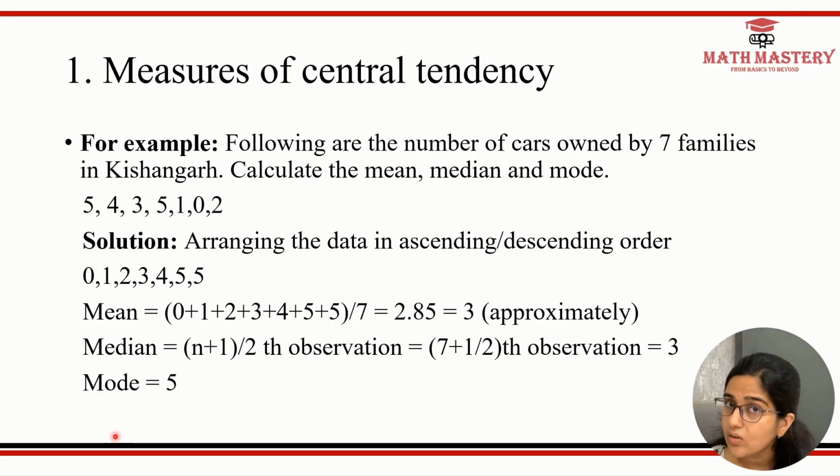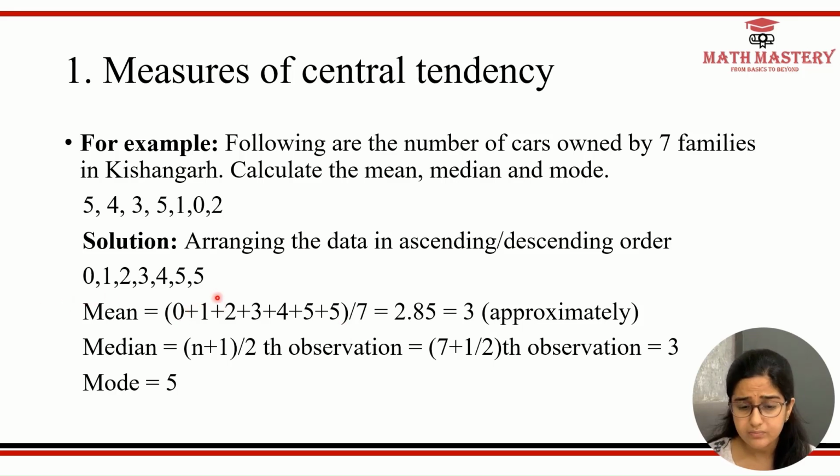Now, why do we need all these 3 measures of central tendency? Why not only mean or median or mode? Because all of these measures have their own advantage and disadvantage, and all of these have their specific meaning. For example, in case of mean, the outliers are also included. Outliers basically means the extreme observations in the series.